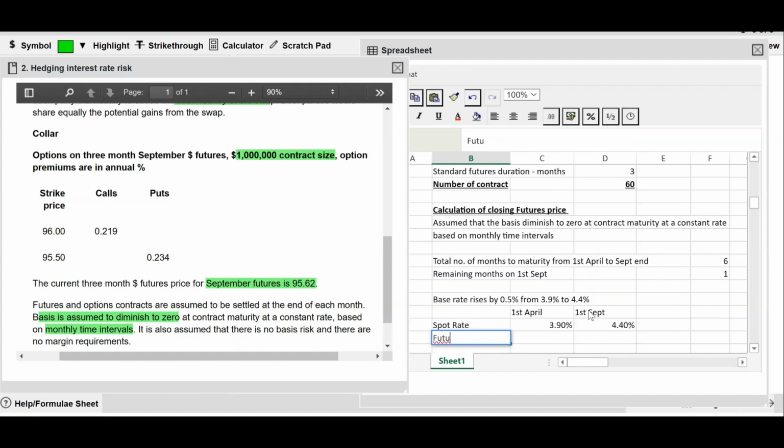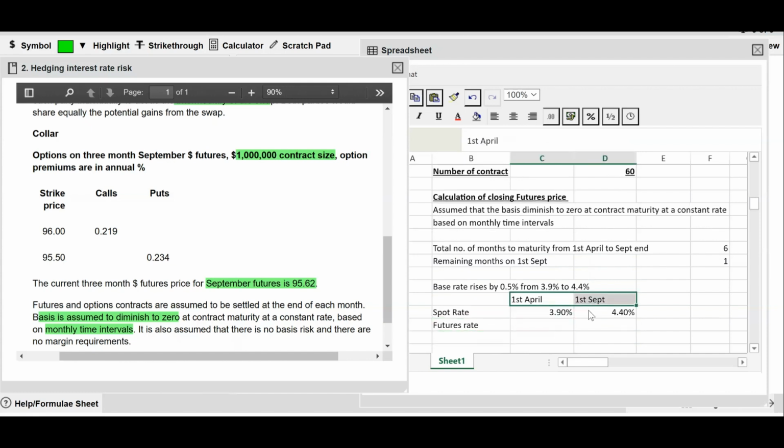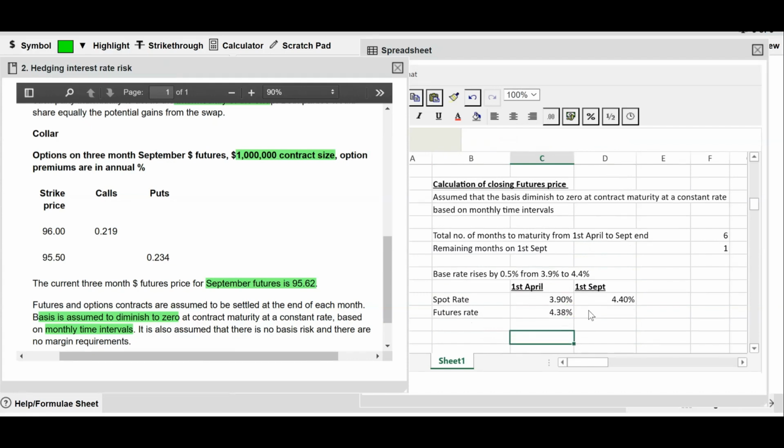And the futures rate, how do we find the 1st April rate? The one highlighted on the exhibit, the September futures, is 95.62. 100 minus 95.62 will give you 4.38 percentage. And we need to find the futures on 1st September, which is missing.